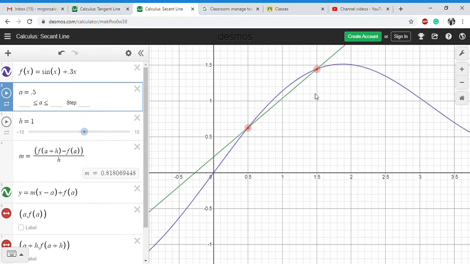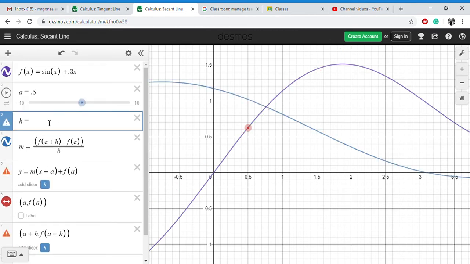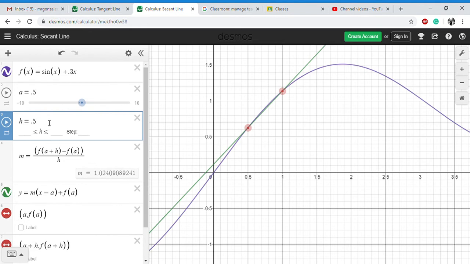Now, what if I wanted to be really specific and know exactly the rate of change from 0.5 to, let's say, 1? So I'm going to add a distance of 1. So the rate of change from 0.5 to 1 is going to be 1.02.